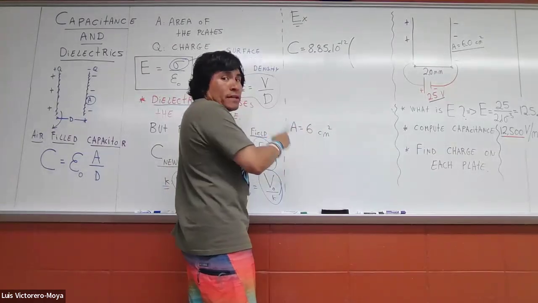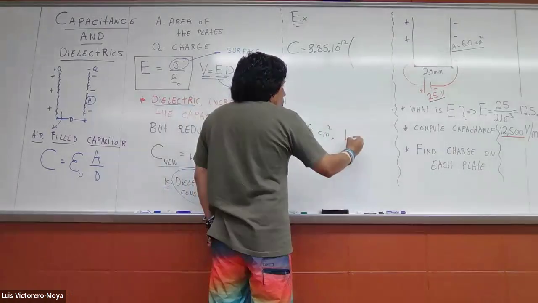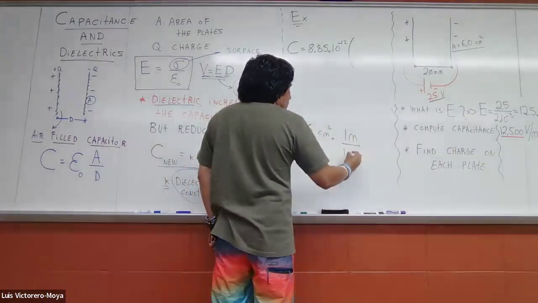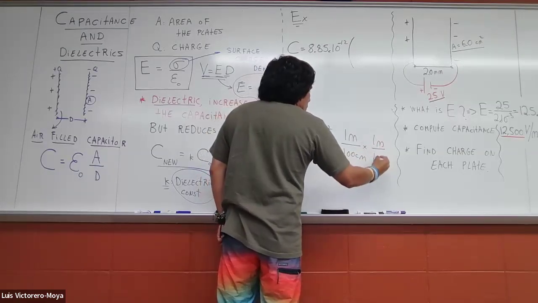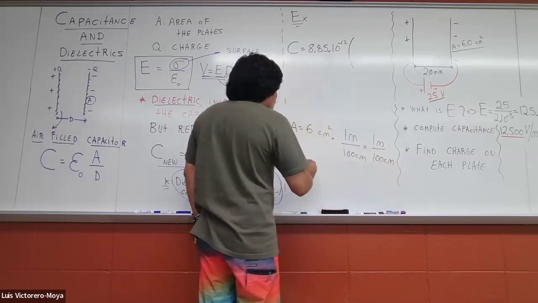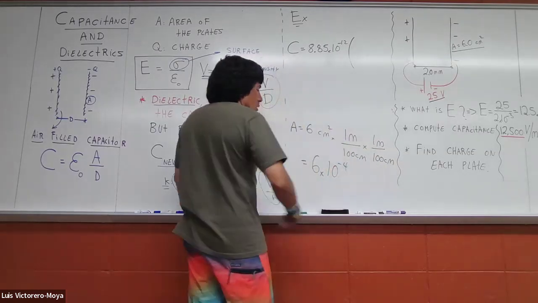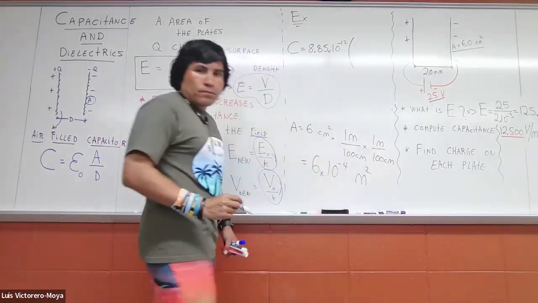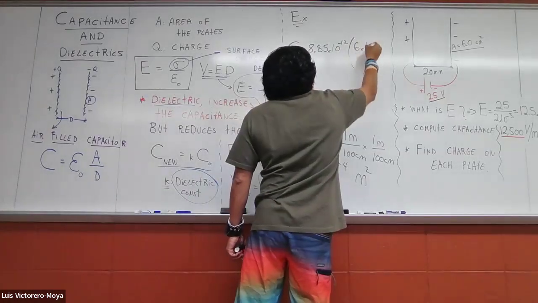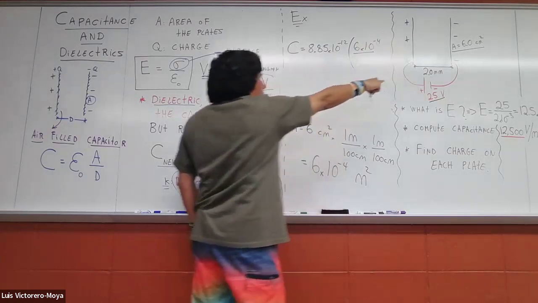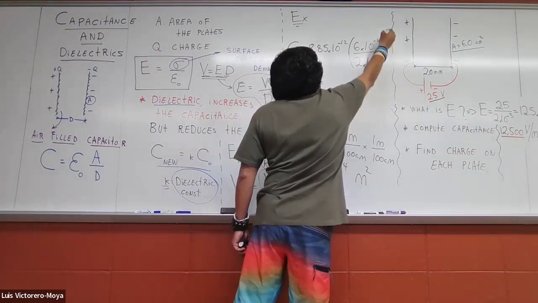If you want to change that to meters squared, you're going to do this. 1 meter is 100 centimeters, but you have to do this twice. So it will be 6 multiplied by 10 to a negative 4 meters squared. So that's what you do. So here you write 6 times 10 to a negative 4. And the distance, just like we used before, 2 times 10 to a negative 3.